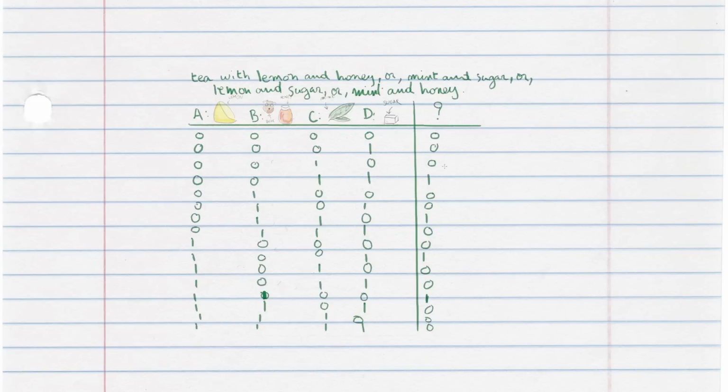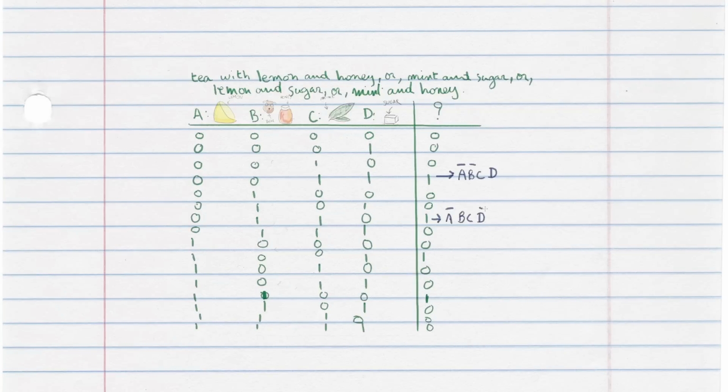That's too much stuff in tea. That's not good. So now that we have this, for each row where the output is true, we can see what the conditions are on the left-hand side of the truth table. So that's no lemon, no honey, mint, and sugar. So that's not A, not B, C, and D. And we do the same for every row where the output is true.